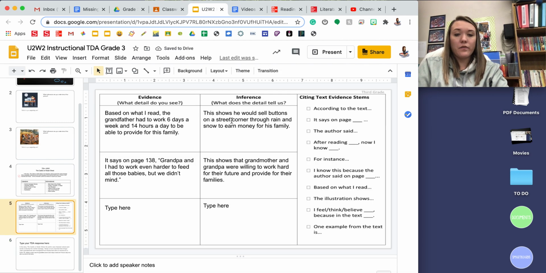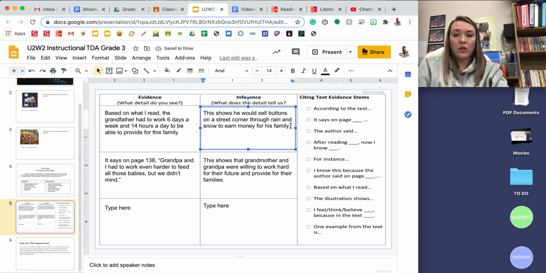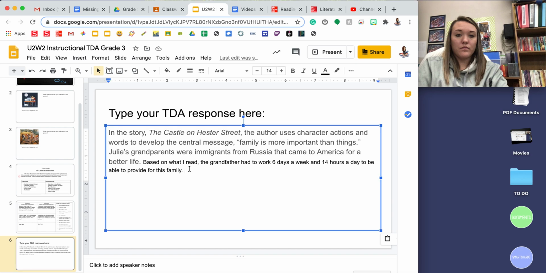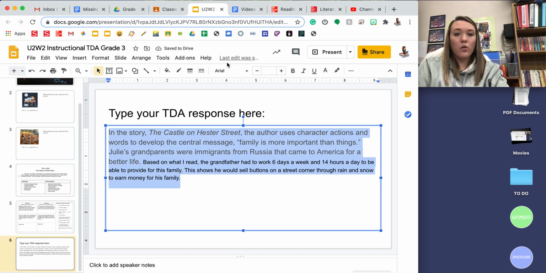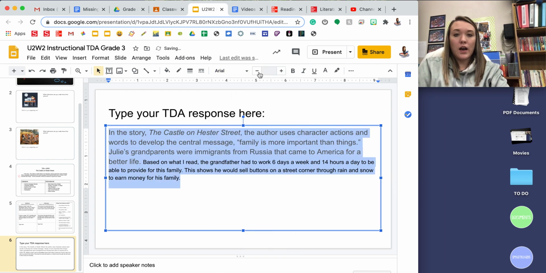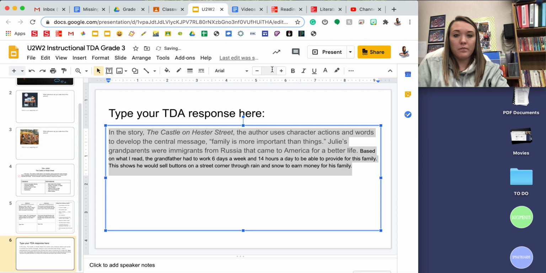And then I can fix the font to make sure that it all looks the same. So I'm just going to highlight the whole thing, change it all to the same font and size, just so it looks nice and tidy.